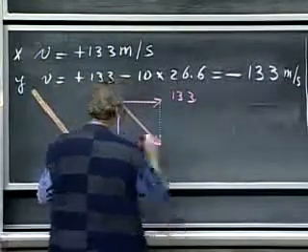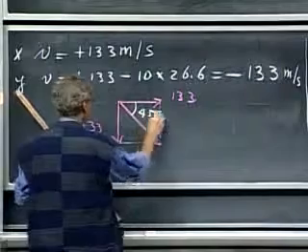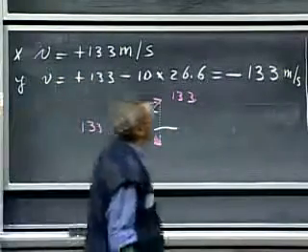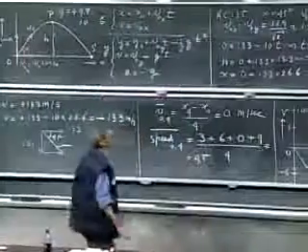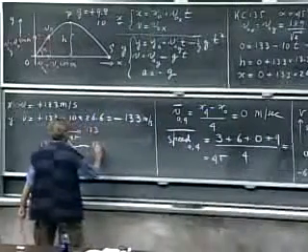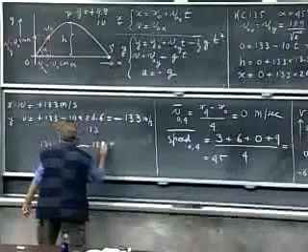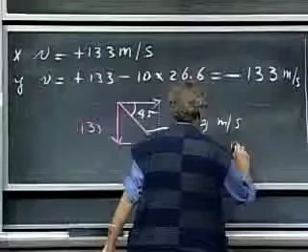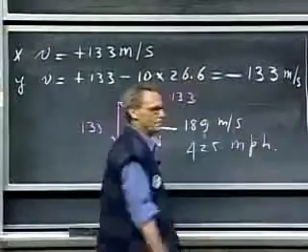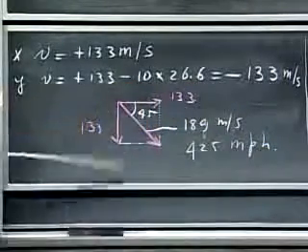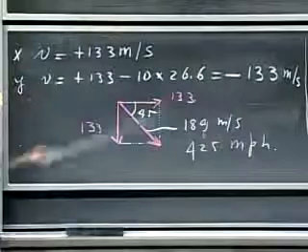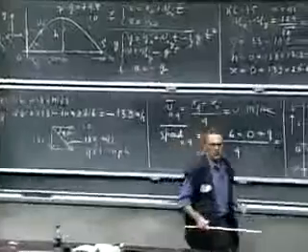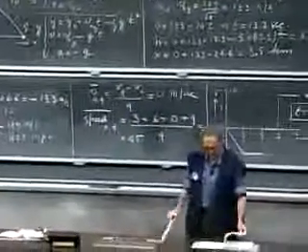And no surprise, this angle is 45 degrees, and this one is the square root of 2 times 133. That gives you back your 189 meters per second, and that is 425 miles per hour. I'm not recommending that you would do this. Of course, it is perfectly reasonable to immediately come to that conclusion because of the symmetry of the parabola.